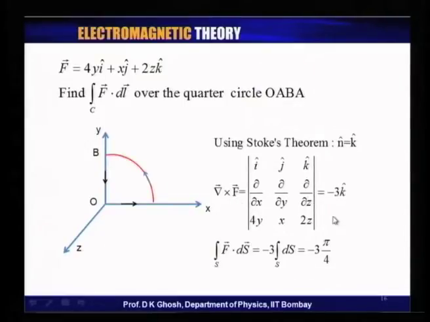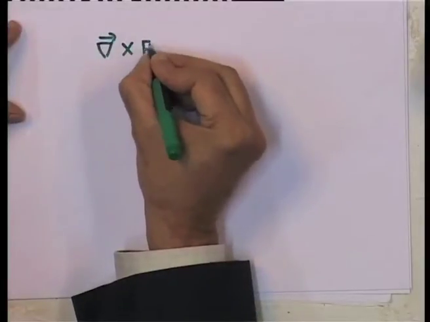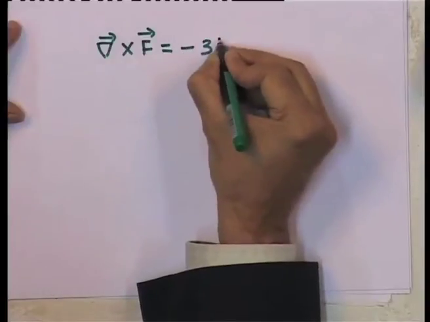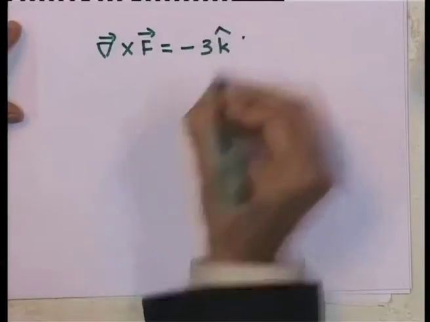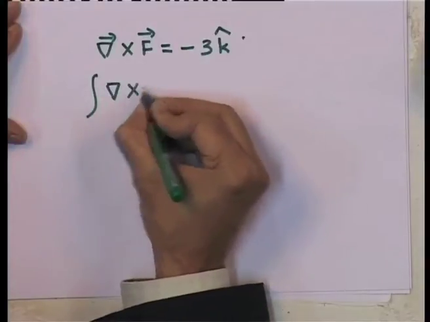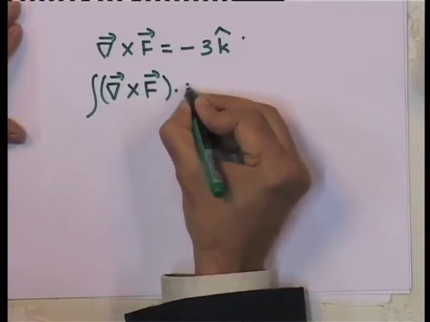Curl of this vector happens to be minus 3 k, and the direction of ds is also along the positive k direction. So, since curl of f computed directly is minus 3 k, integral of curl of f dotted with n ds.